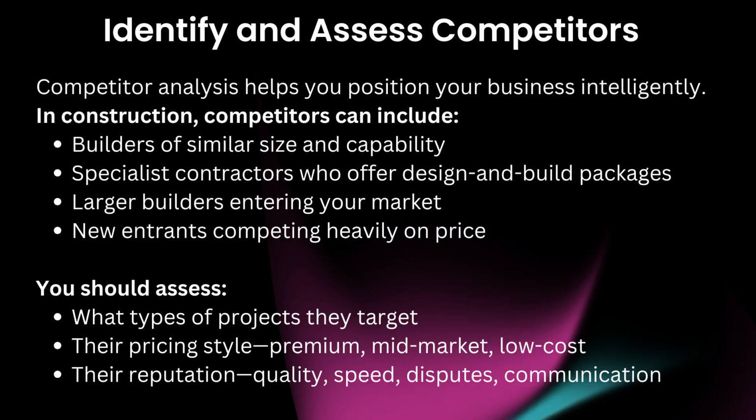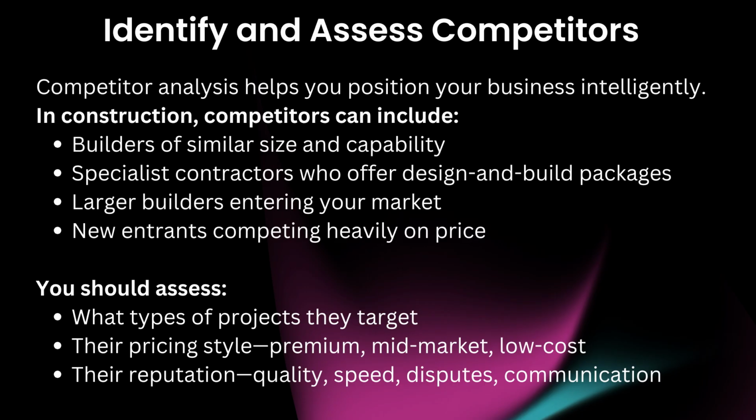Identify and assess competitors. Competitor analysis helps you position your business intelligently. In construction, competitors can include builders of similar size and capability, specialist contractors who offer design and build packages, larger builders entering your market, new entrants competing heavily on price.